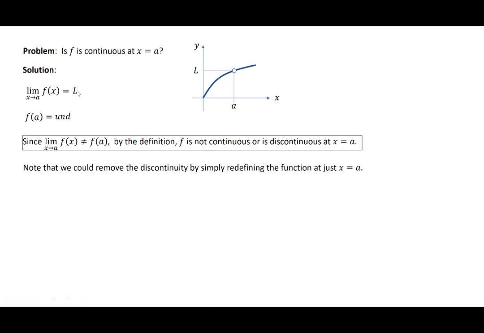The limit is L. So let's say f of a is also equal to L. If you did that, then the discontinuity is gone, right? And because you can so easily remove this kind of discontinuity by redefining, we call this a removable discontinuity.